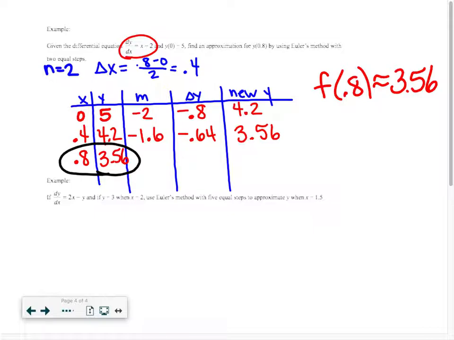And if we had an initial condition of 0, 5, then we could easily solve that. If we plug 0.8 into the actual equation, we get 3.72. 3.56 is pretty close.